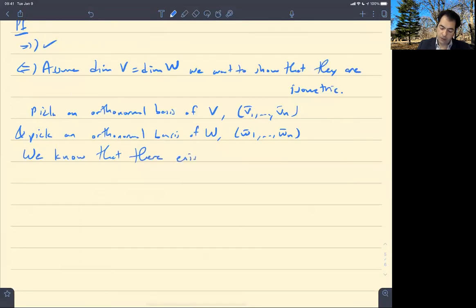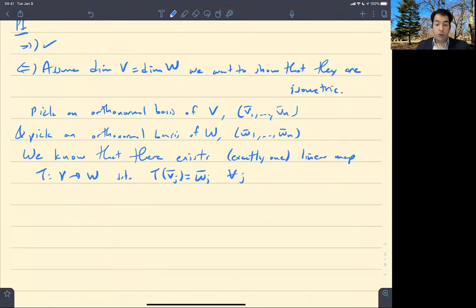We know that there exists, right, exactly one linear map T from V to W such that T of Vj is equal to Wj for all j. Right, so we know if you give me a basis of V with n elements, then you can pick any n vectors in W, and there is one and only one linear map that takes the jth element of that basis to the jth vector in W. Right?